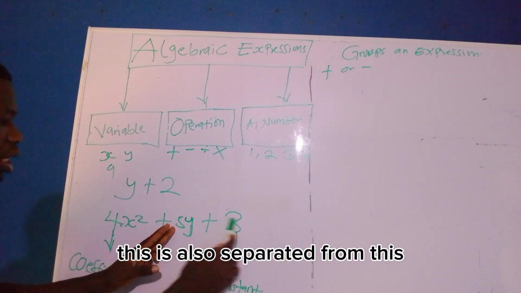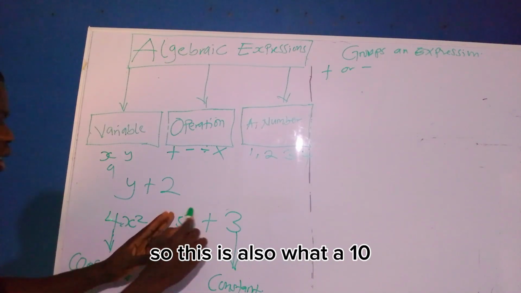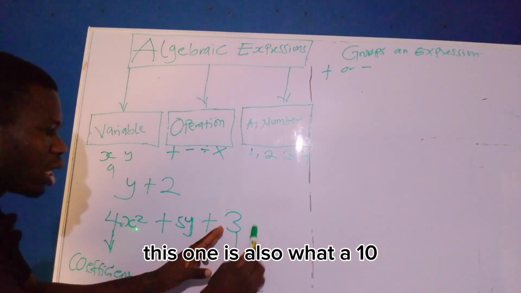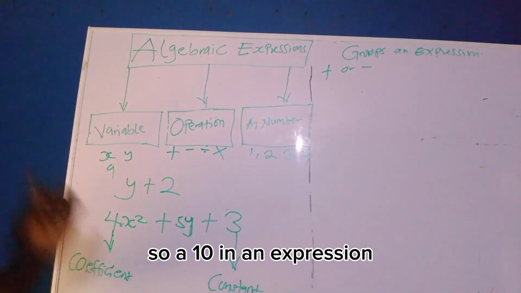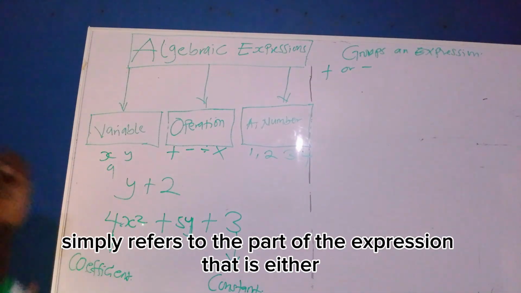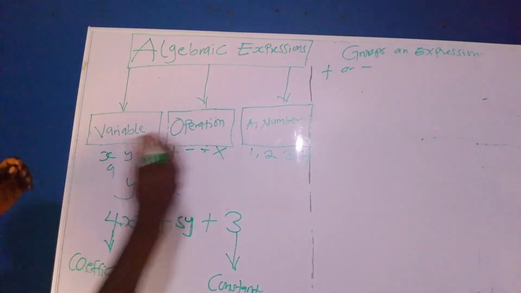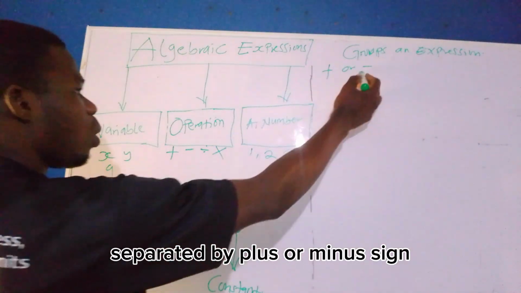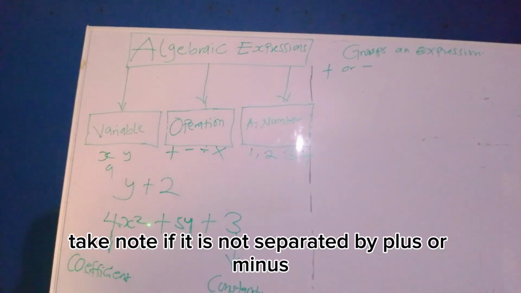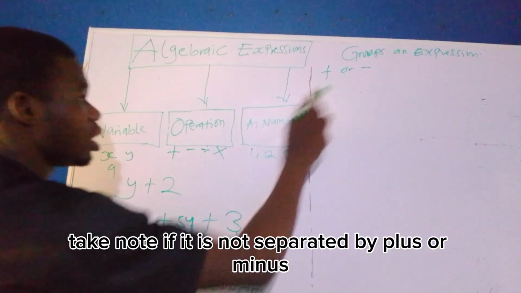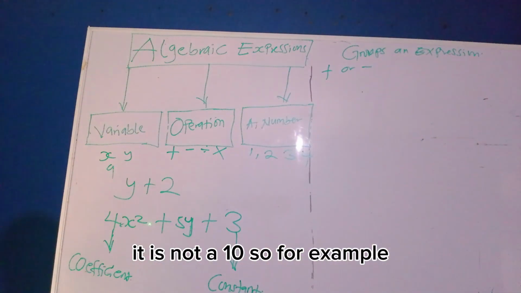This is also separated from this. So this is also what? A term. This one is also what? A term. So a term in an expression simply refers to the part of the expression that is separated by plus or minus sign. Take note, if it is not separated by plus or minus, it is not a term.